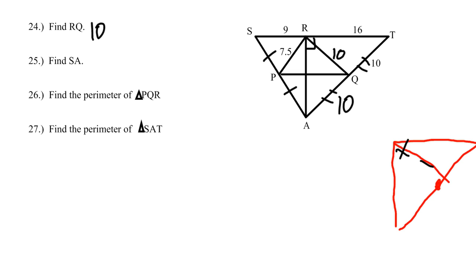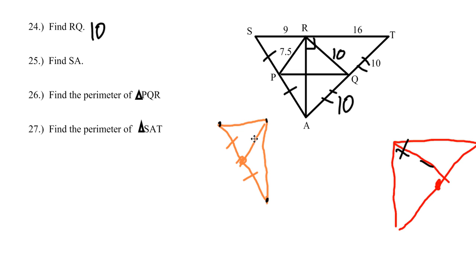Now if we look at the other side, this triangle right here, triangle ARS, we also have the midpoint of the hypotenuse here. So just like before, the midpoint of the hypotenuse is equidistant from the three vertices.